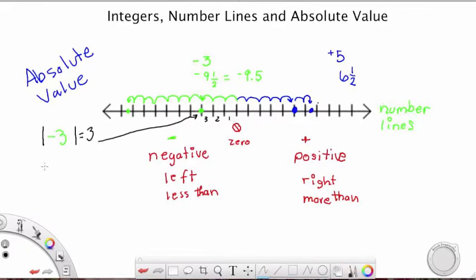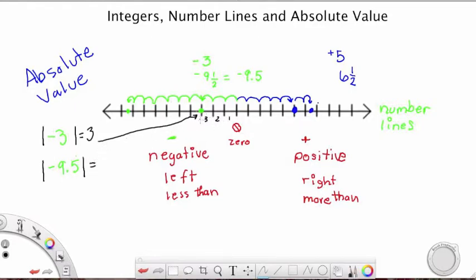And if we wanted to find the absolute value of -9.5, once again, we would put this symbol here, a line in front, a line behind. That means the absolute value. What's the absolute value of -9.5? Well, we would continue.